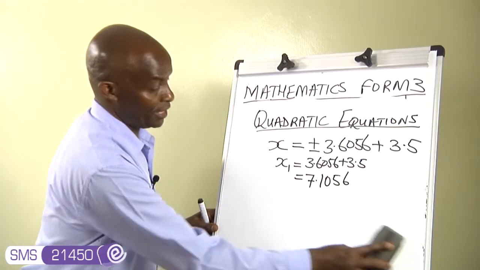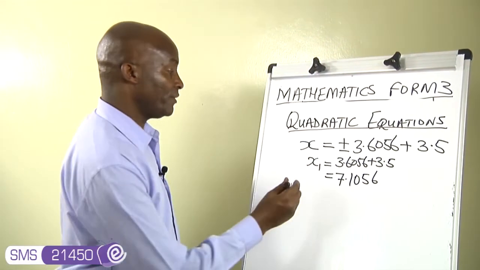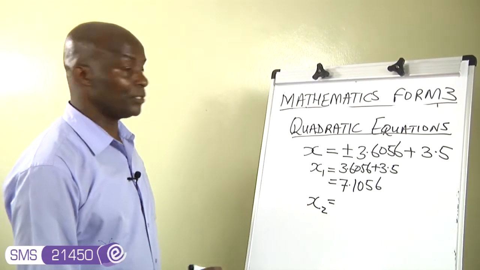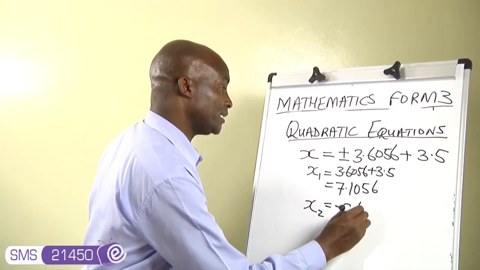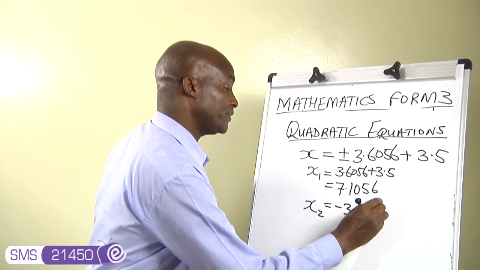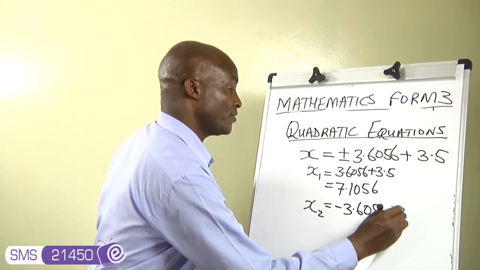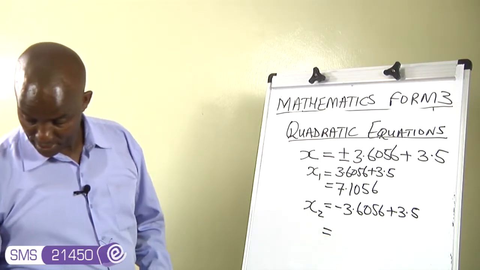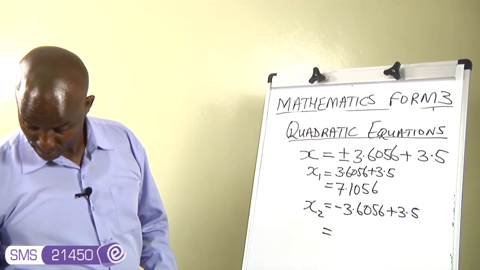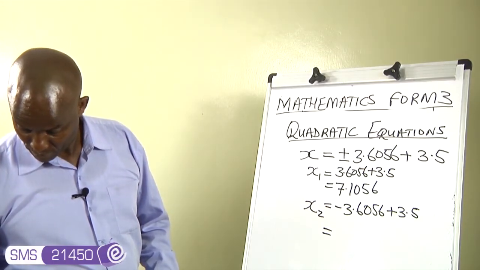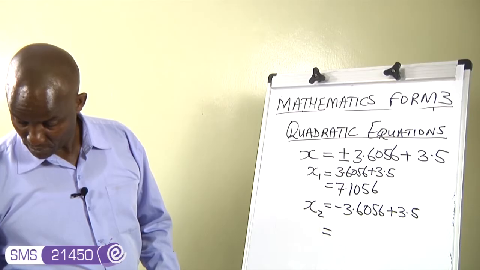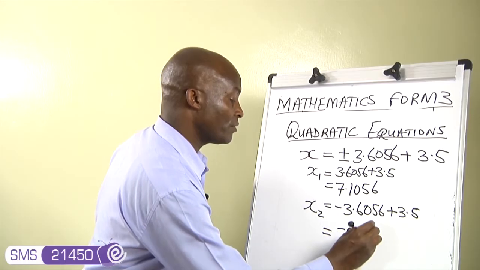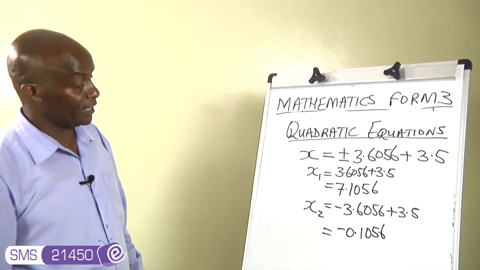The second solution is when we apply the negative sign. So we have x2, the second solution, will be negative 3.6056 plus 3.5, and that will come to negative 0.1056.